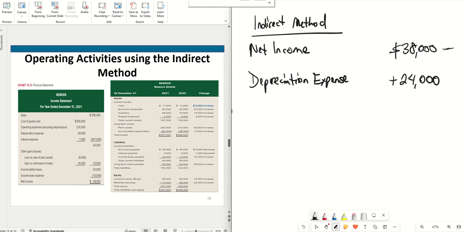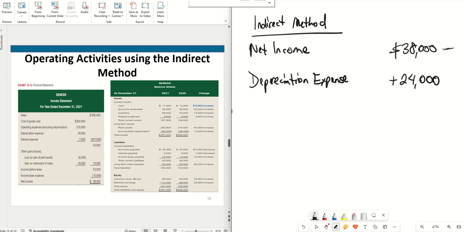When you record depreciation expense, no cash is being exchanged, but it is an expense that affects the net income, the bottom line. So in order to get to the true cash balance, you have to add back the $24,000 that was initially subtracted to get to the bottom line of net income. So you need to add that back in.